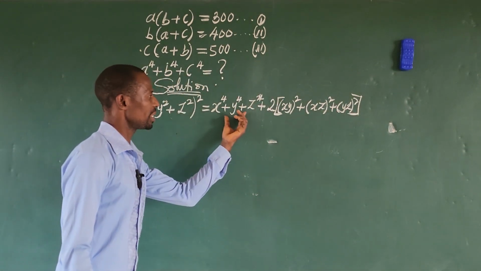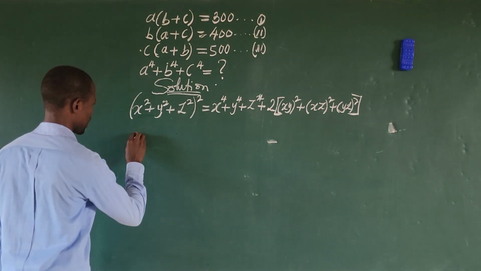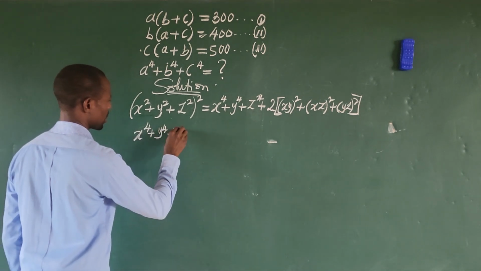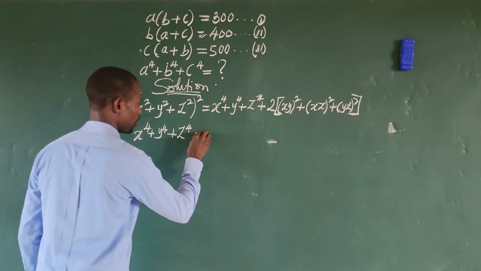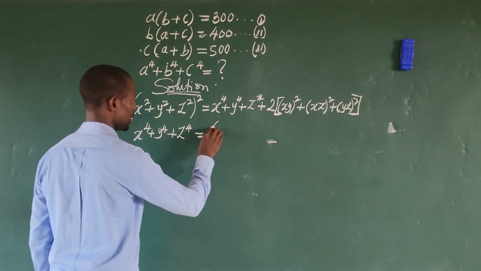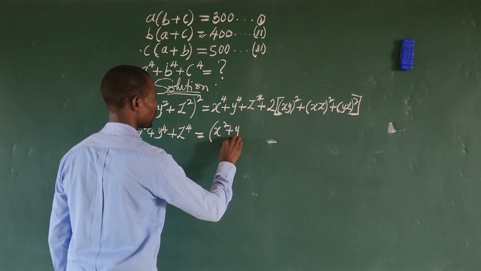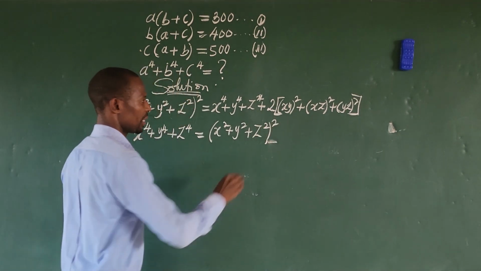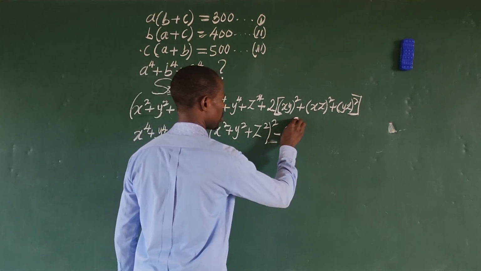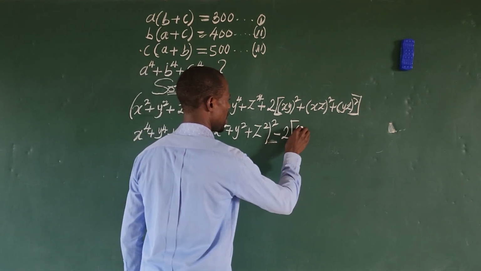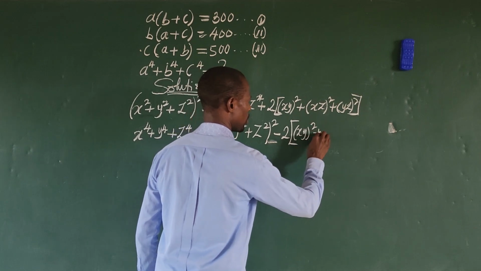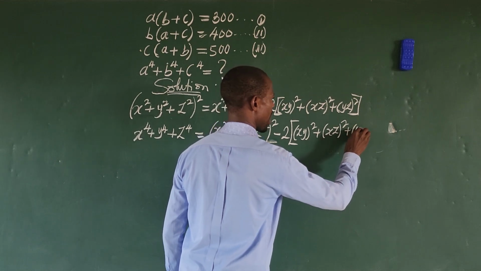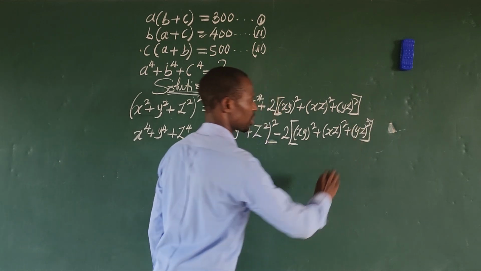Now from here, we can make this the subject of the formula. So if we go ahead to do that, this is going to give us x to the power of 4 plus y to the power of 4 plus z to the power of 4 equal to (x squared plus y squared plus z squared) all to the power of 2, minus 2 into a square bracket (xy) squared plus (xz) squared plus (yz) squared.